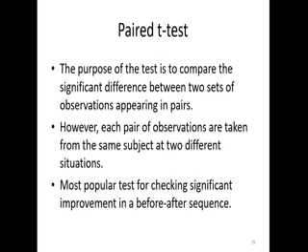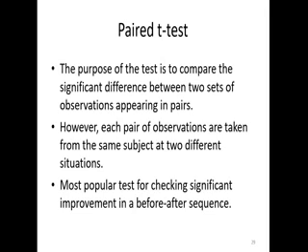It can be used in education to understand the impact of a particular strategy of teaching to the students that has been introduced by the college or the university. So what were the marks that the students used to get before the strategy was introduced and after the strategy was introduced. It can also be used to understand the impact on, say, share prices of different companies before a particular incident and after a particular incident.